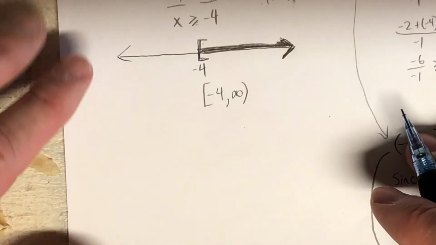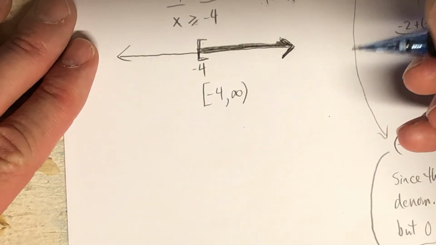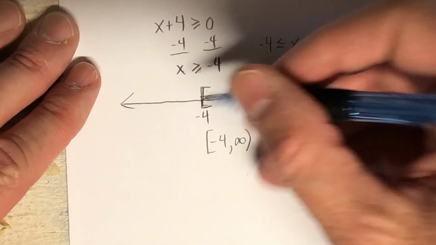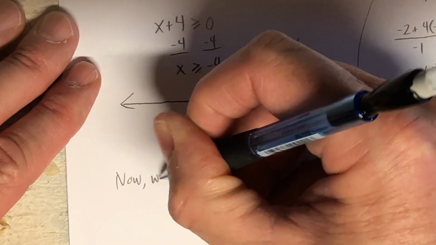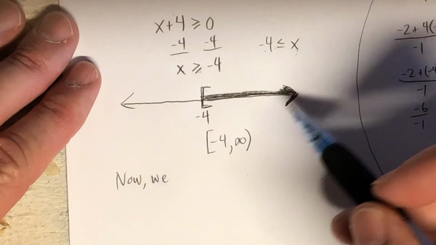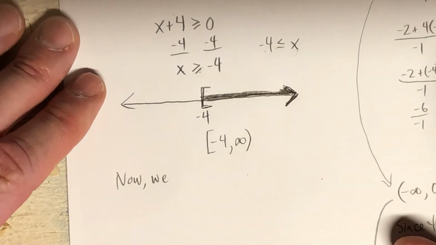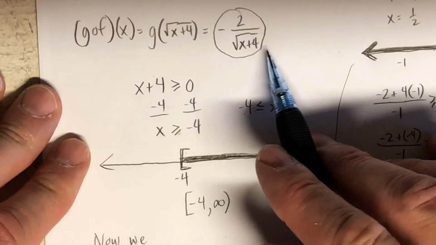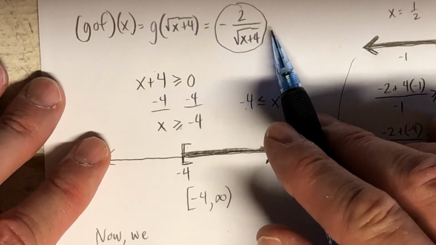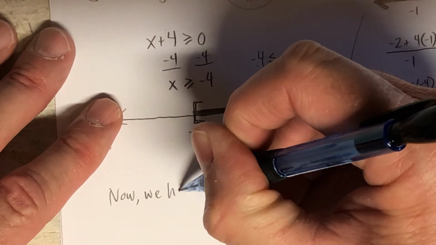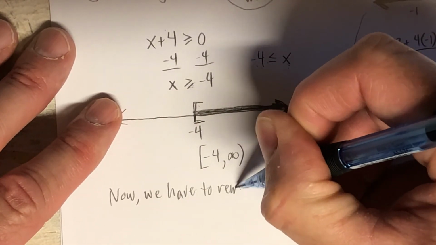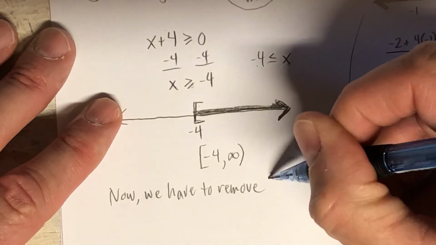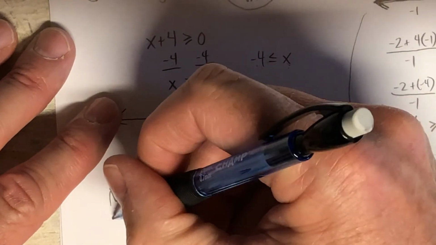However, the difference between this problem and the last one is that now we have figured out what numbers are okay for the domain as far as the radical is concerned. So now we have to remove, as the front side of the worksheet says, the number that makes the denominator equal to 0.